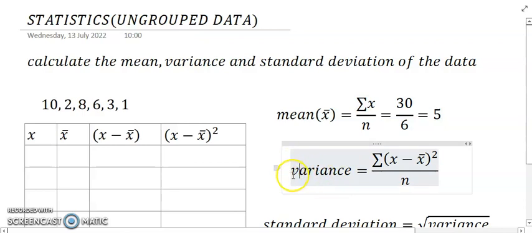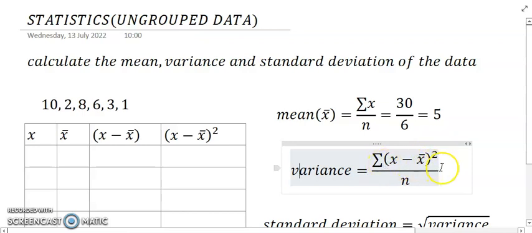Here we have variance equals sigma of x minus x bar all squared, divided by n. Alright guys, we need to familiarize ourselves with this kind of formula. In order for us to compute the variance, we must know this term: x minus x bar all squared.